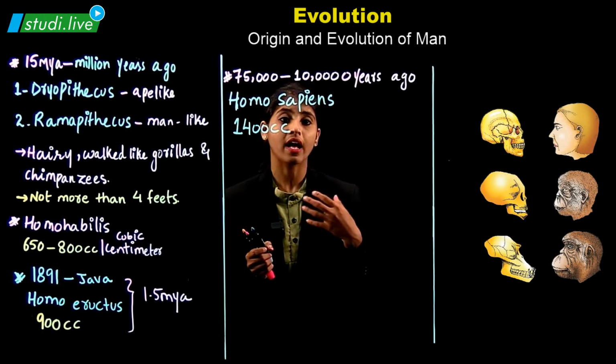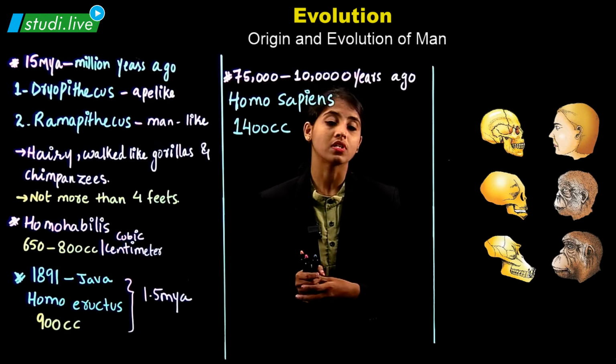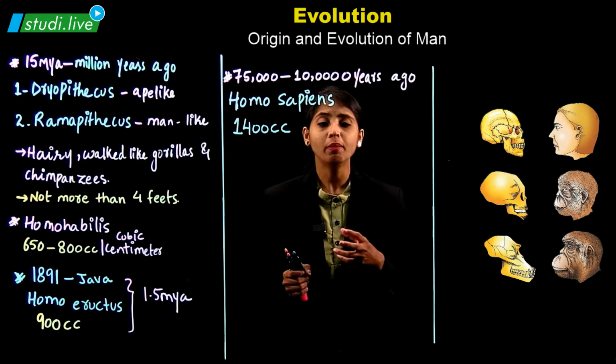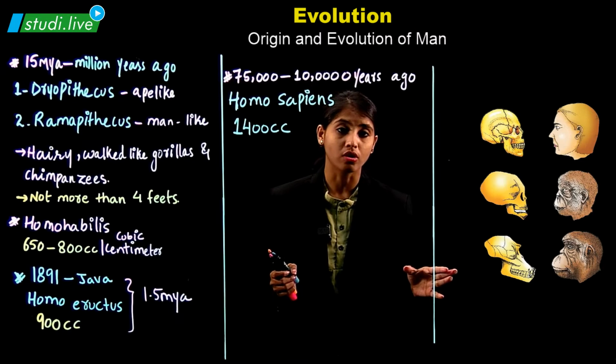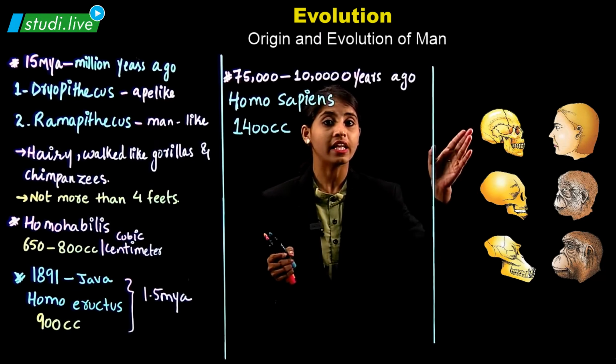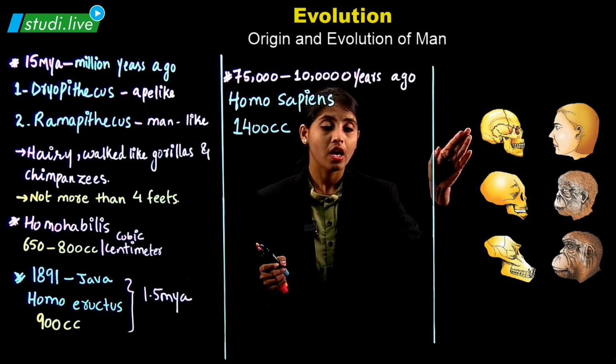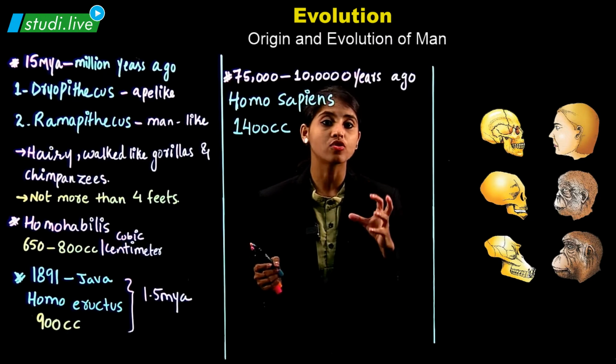Now student, in this diagram you can see the comparison between the chimpanzees, the adult one and the young one, and the human skull. You will observe that the jawline of this picture is comparatively larger than in this picture. Also you can compare the size of the brain.